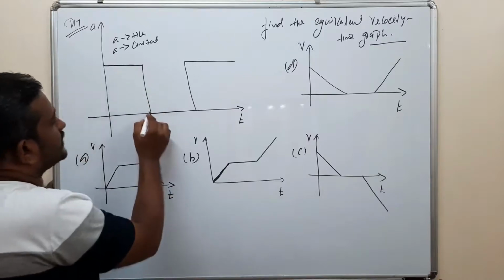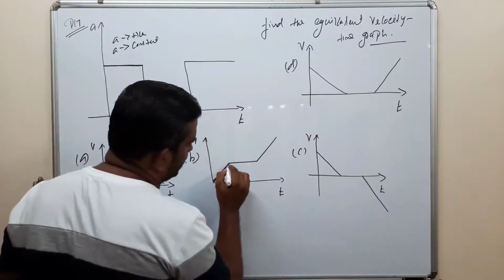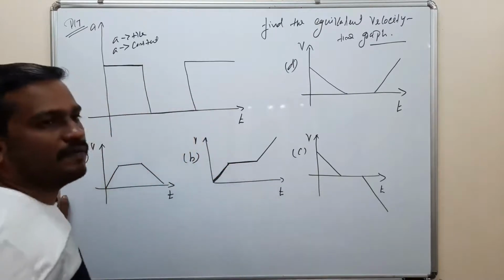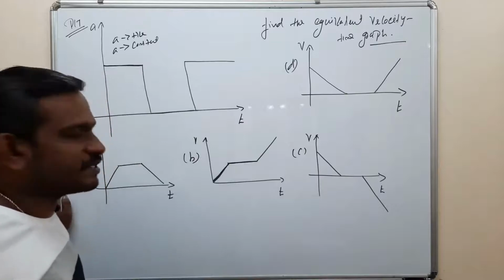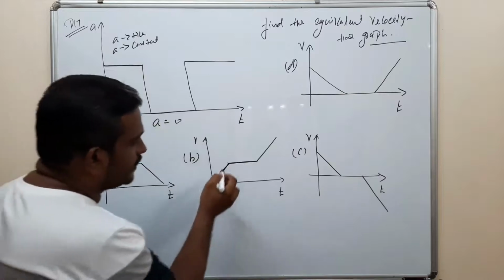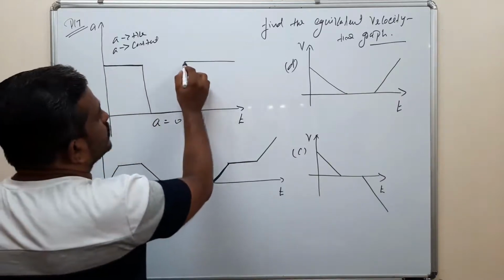After that, acceleration becomes 0. From this point, it is a horizontal straight line, so the slope is equal to 0. Slope equal to 0 means acceleration is equal to 0. After that, again there is positive acceleration.